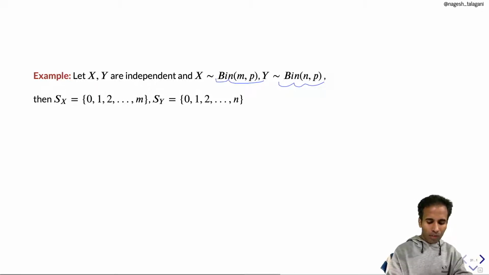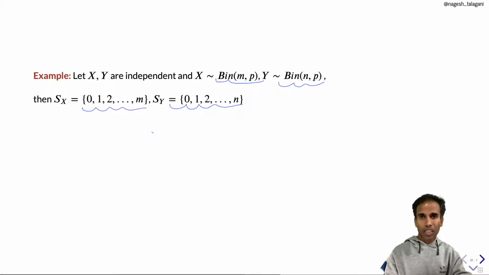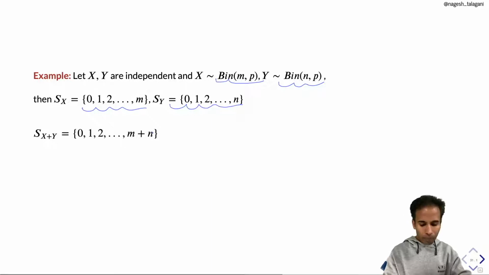So the support of X is 0, 1, 2, and so on up to m. The support of Y is 0, 1, 2, and so on up to n. Okay, if X can take values from 0 to m and Y can take values from 0 to n, then X plus Y can take values from 0 to m plus n, right? So the support of X plus Y is 0, 1, 2, and so on up to m plus n.